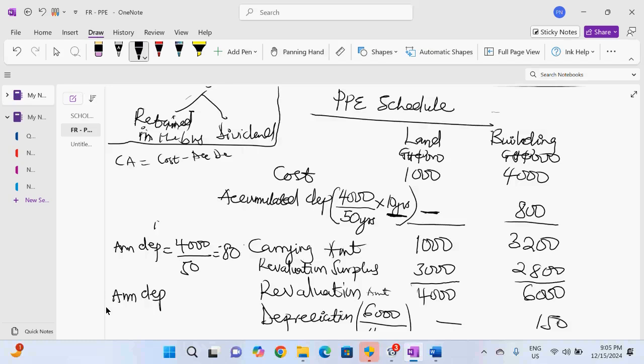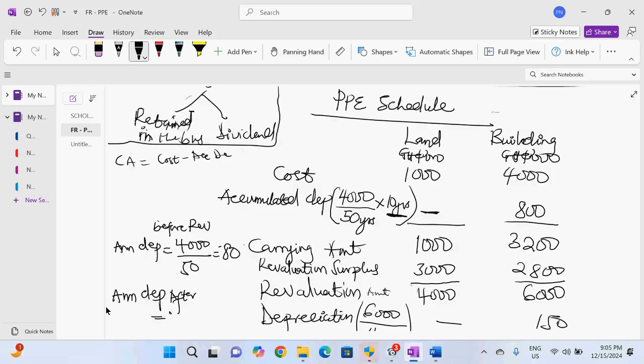So this is before revaluation, and this is after revaluation. What is the amount after revaluation? The depreciation will be the cost. This is now the cost.